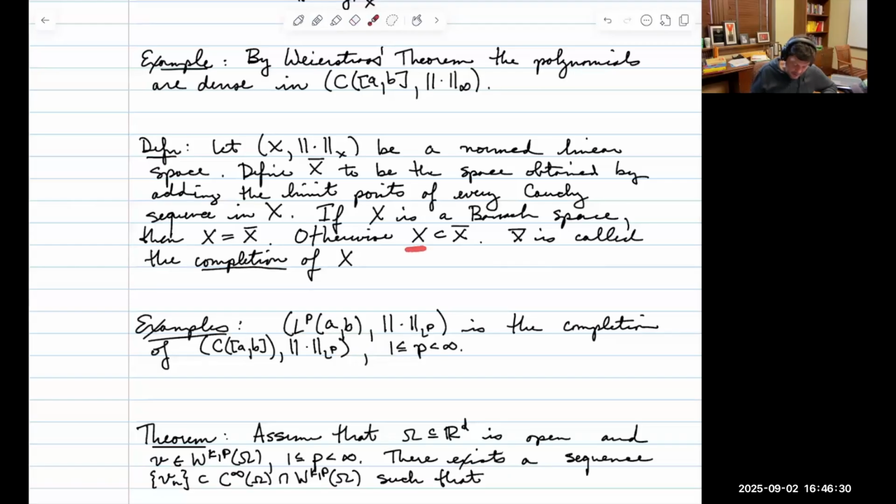This set is always going to be a dense set inside of its completion. So let's say it: X is a dense subset of its completion, X bar.